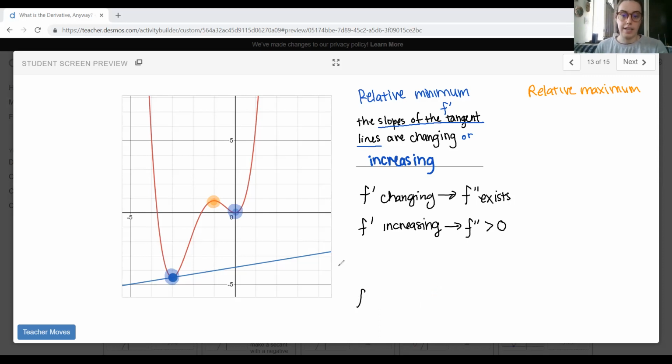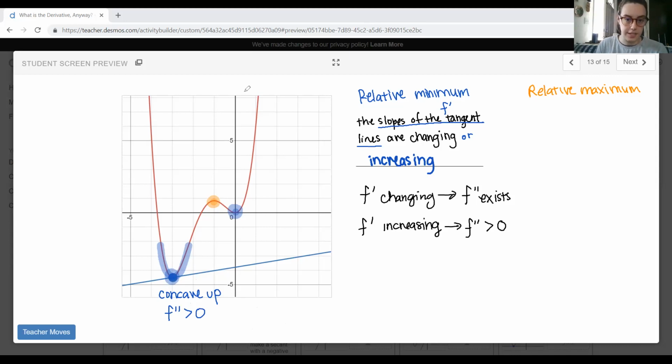So I know that my second derivative all around the minimum and even at the minimum itself, because the minimum is right in the middle of this U shape, right? What looks like the bottom of a valley. This shape is what we call concave up. And that shape means the second derivative is positive.